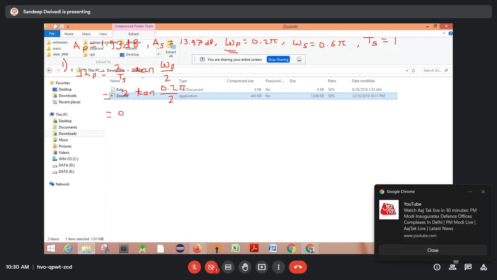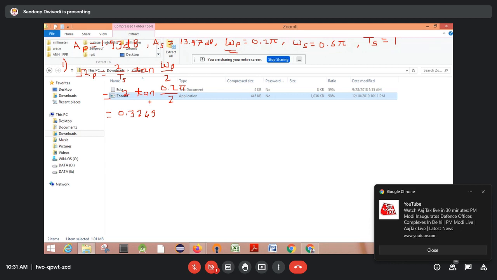Please check this. I'm getting 0.3249. Are you getting the same value? Please verify. Actually, I'm getting a different value, 0.6498.